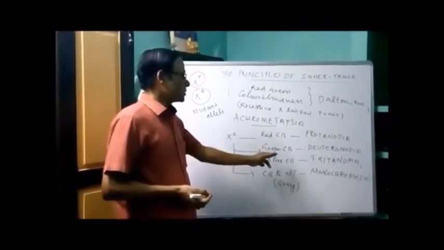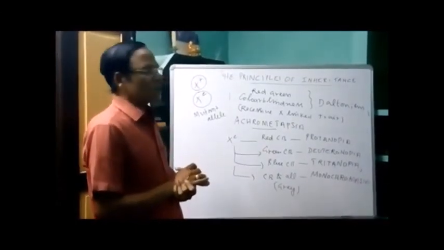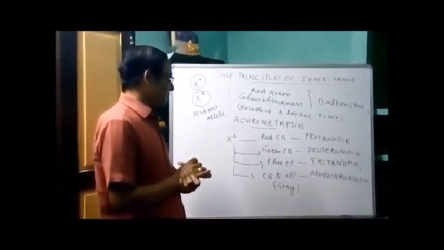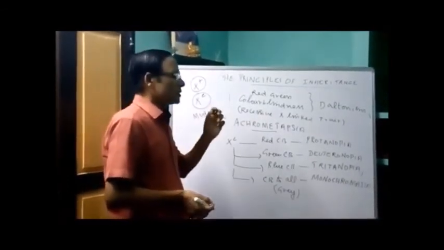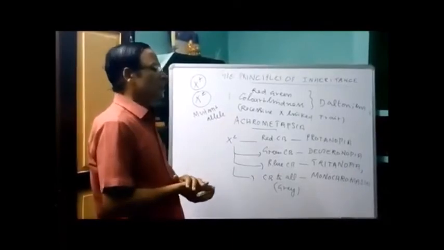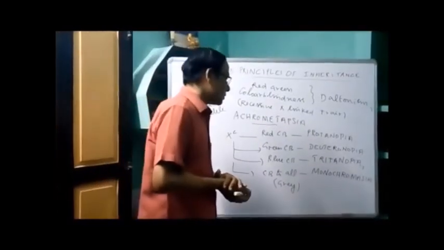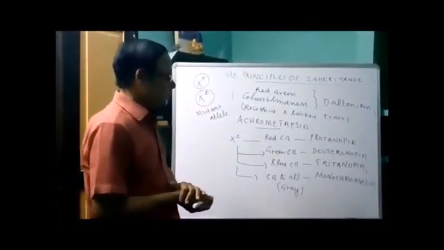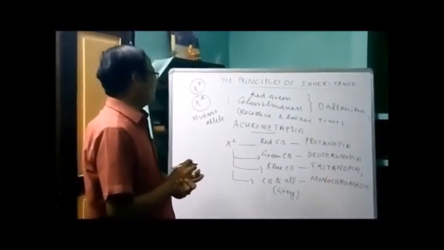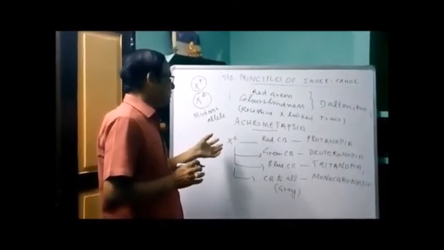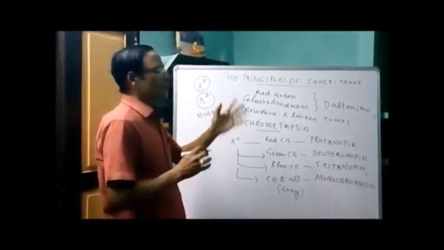Some people are unable to perceive the blue color, then the condition is called tritanopia. Some people are unable to see all the three colors. Everything appears as grey, as in darkness, and this condition is called monochromasia. So, the recessive gene is responsible for color blindness.